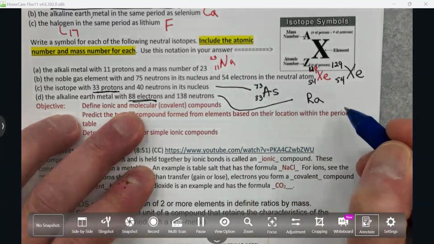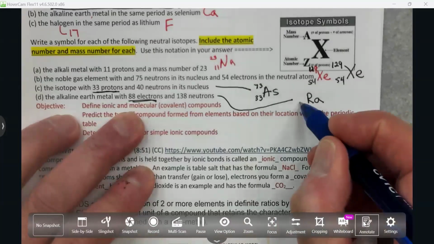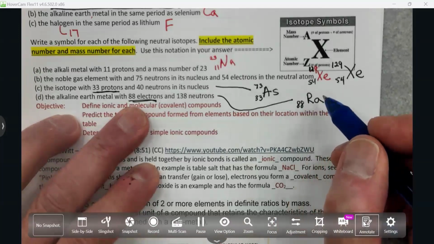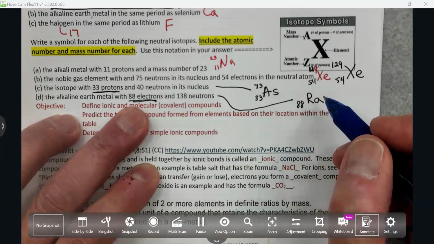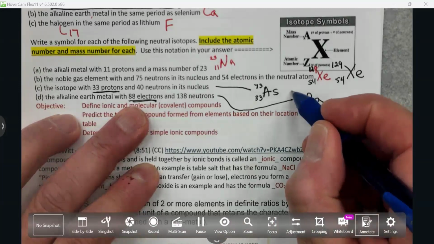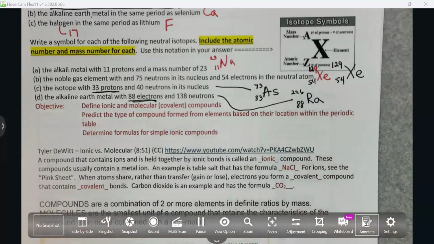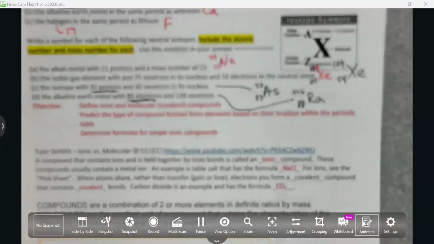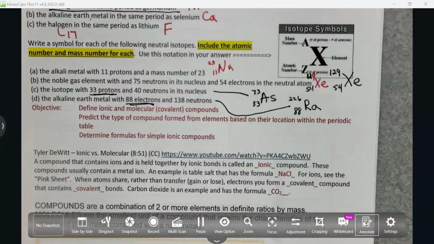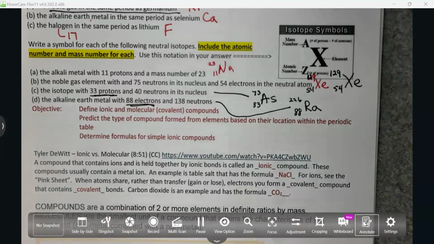Radium, yes? 88 and let's see, 88 and 138 is going to give us what, 226? 226. Okay.